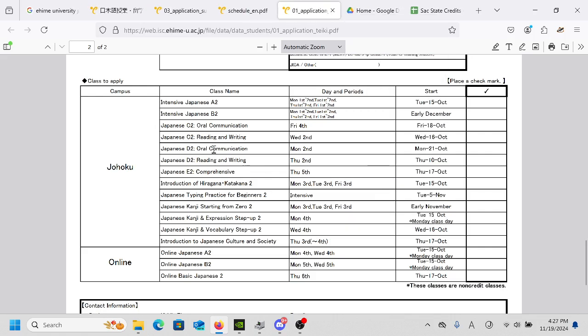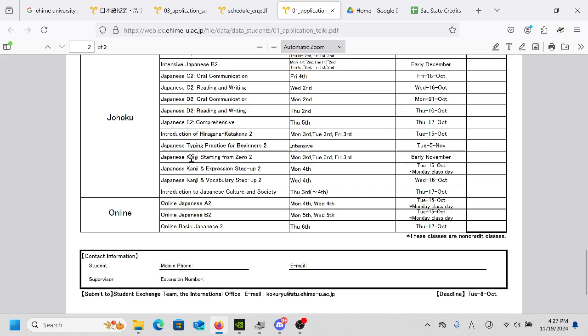What else? D2 and E2 I've not taken yet, so I don't really know, but I think they're just a continuation. You don't need hiragana katakana practice for beginners. And the Japanese kanji expression and vocabulary, these are the same class. There's no difference.